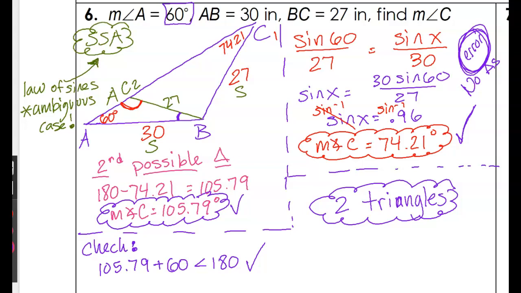If your check works, it means there are two triangles. I am going to record myself doing these other two possibilities. So right now, remember, this example we have is two triangles. I am going to record myself doing two more examples, one for no triangles and one for one triangle. But I am going to let you guys go now.